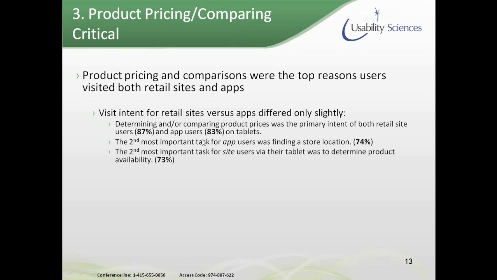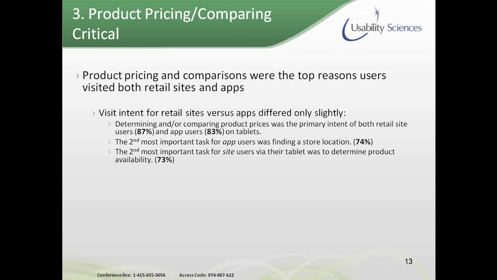The second most important task for app users specifically was actually finding a store location at 74%. We rationalized that the reason for this is because users tend to consider apps to have a geolocation built in, so use my current location to find a store location around where I currently am. Whereas websites, they typically think of those as more general and product browsing.